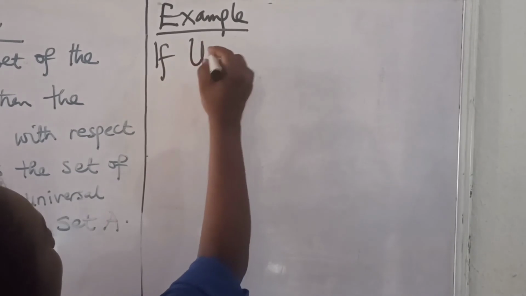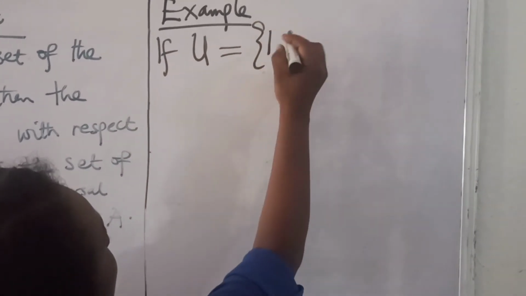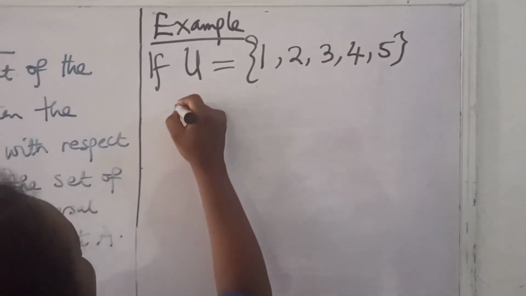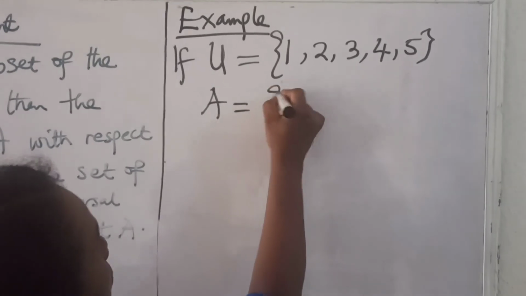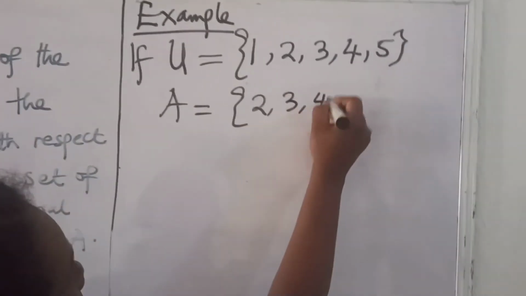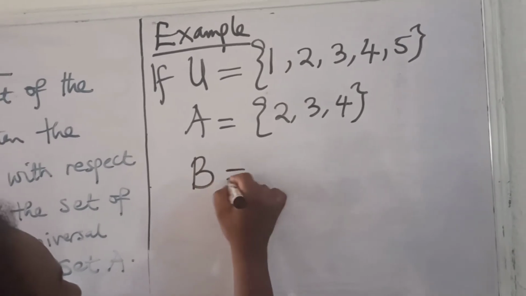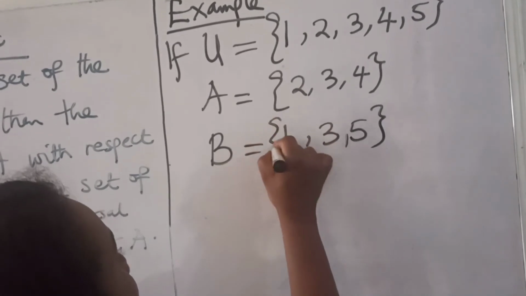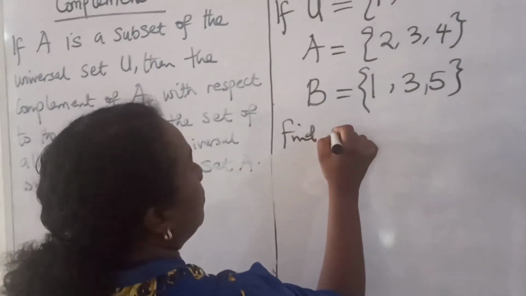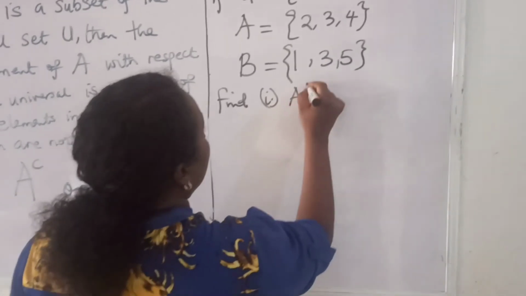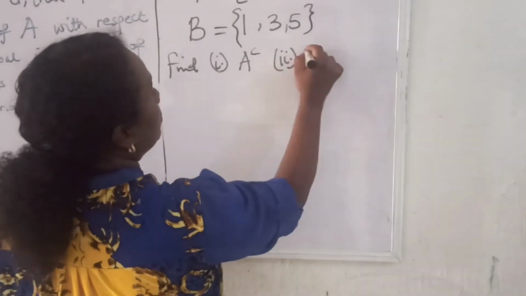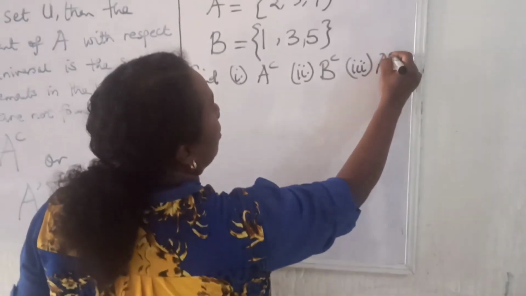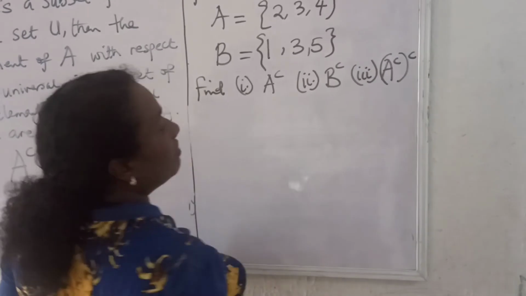If U, the universal set, is equal to 1, 2, 3, 4, 5 and set A is equal to 2, 3, 4, set B is equal to 1, 3, 5, find 1, A complement, 2, B complement, and 3, the complement of A complement.